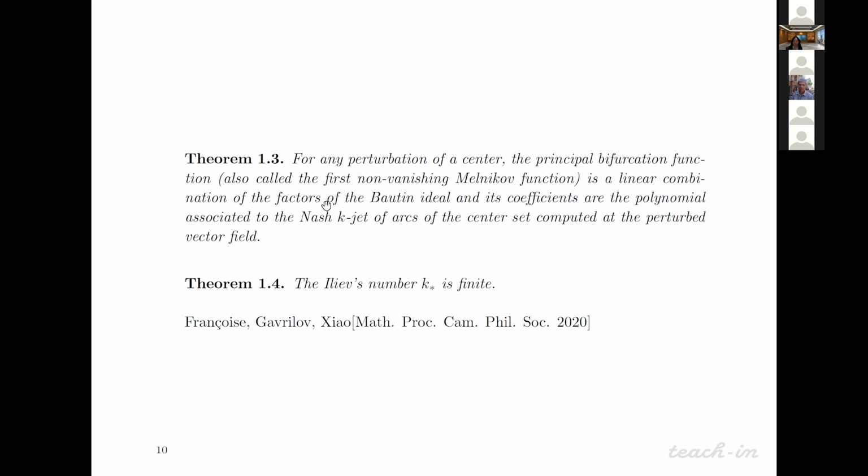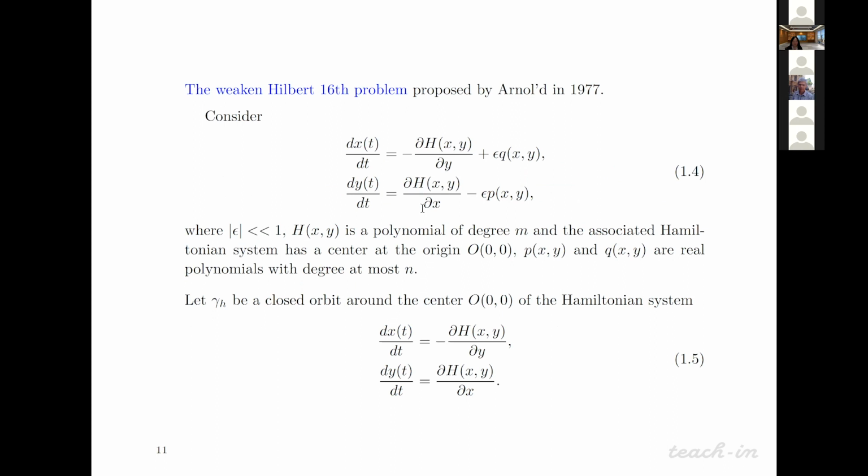So you can calculate the Nash K-jet of arcs, and get the one-parameter arcs. And this is, we talk about the Hilbert problem on the period annulus. And another is the weakened Hilbert 16th problem proposed by Arnold in 1977.